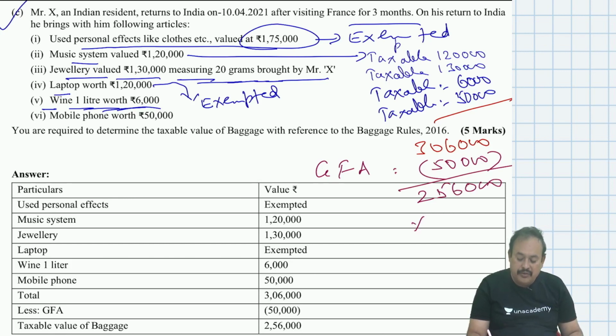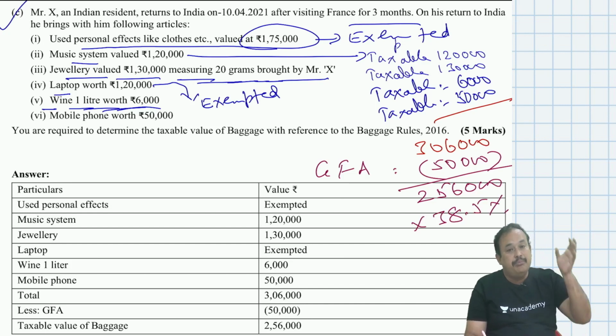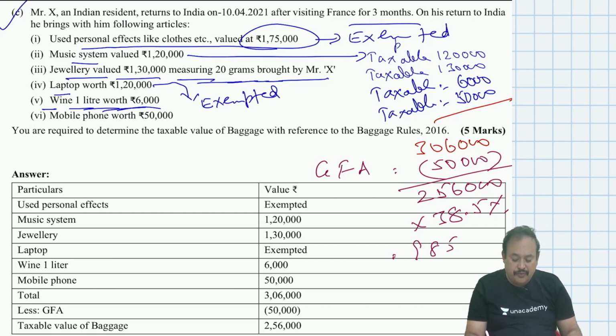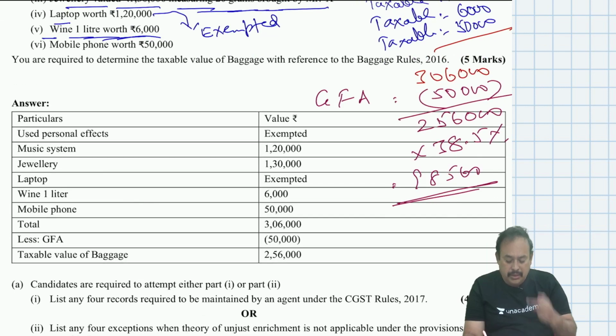2,56,000, on which customs duty is 38.5%, the effective duty of customs, basic customs duty plus social welfare surcharge. 2,56,000 at 38.5% is 98,560, the tax amount.